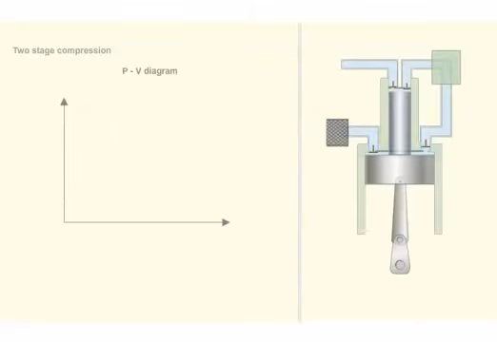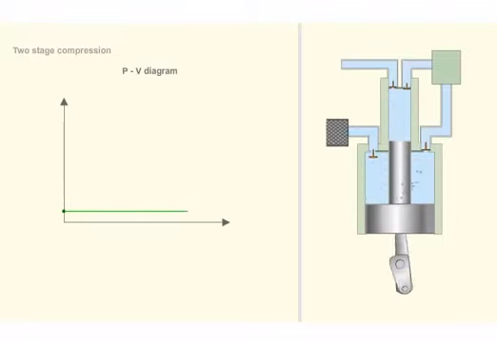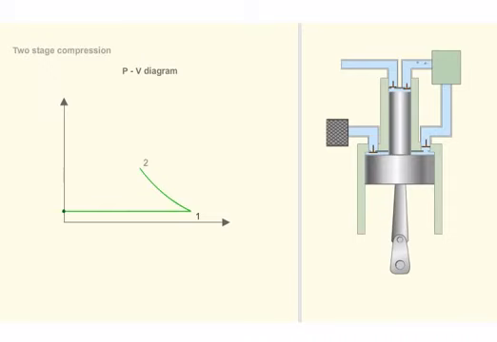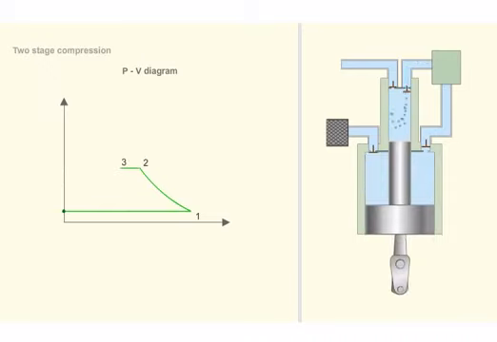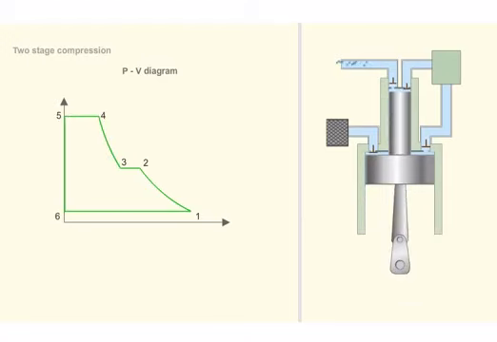In 2-stage compression, the air is inducted at the first stage, compressed, cooled by intercoolers and delivered to the second stage. In the second stage, air is compressed further and delivered to the air receiver through an aftercooler.